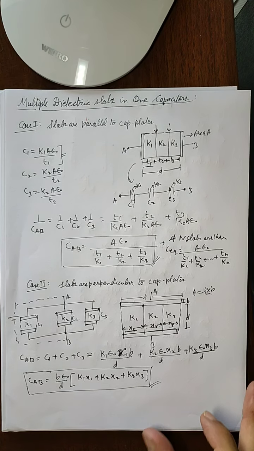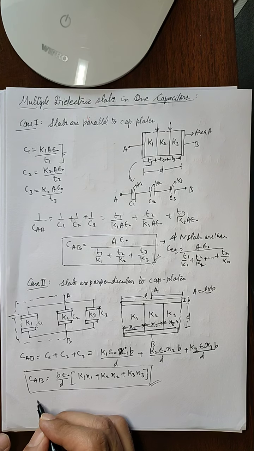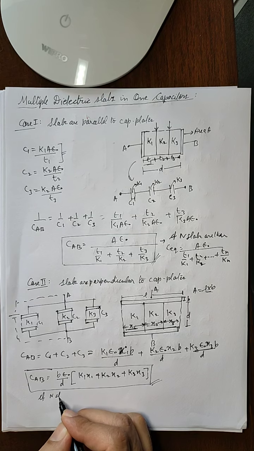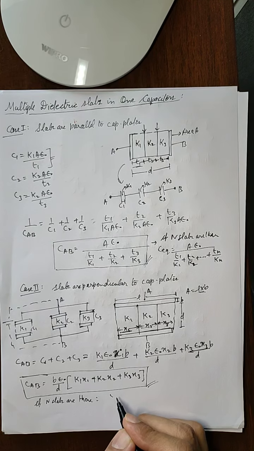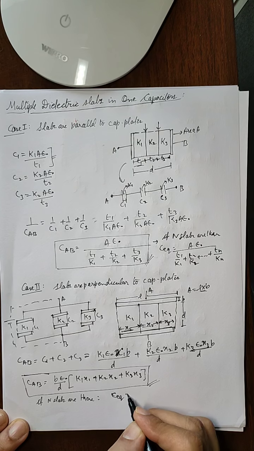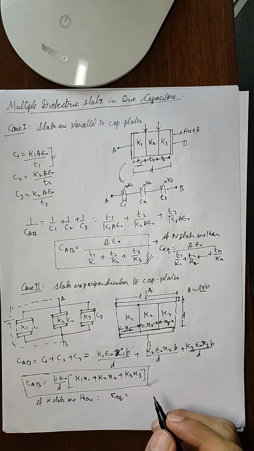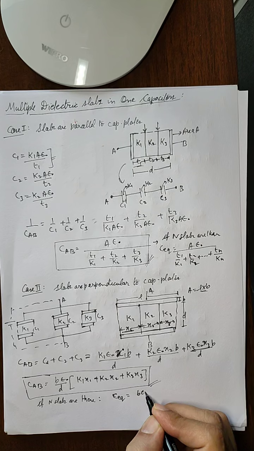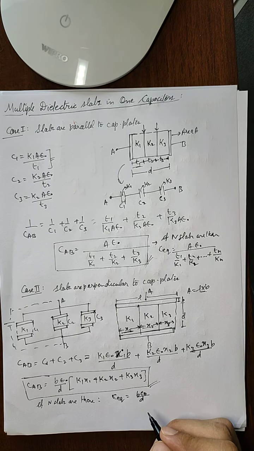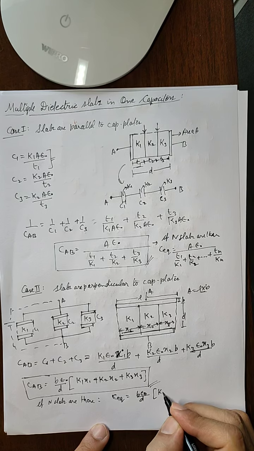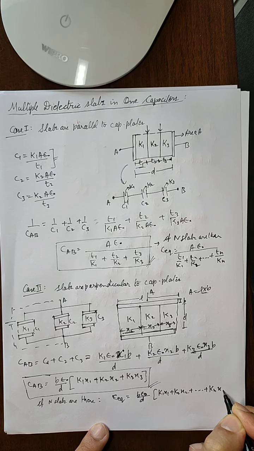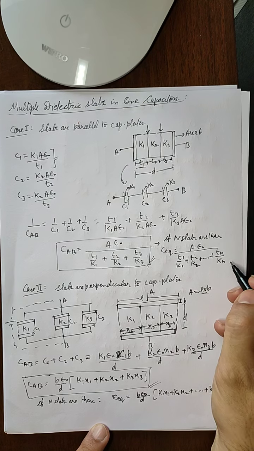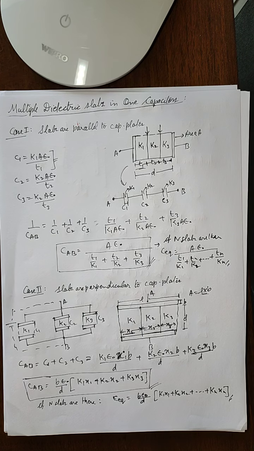Similarly for this case, for n slabs, the equivalent capacitance will be equal to B epsilon naught upon D times K1 x1 plus K2 x2 and so on till Kn xn. So these are very important formulas for numericals.